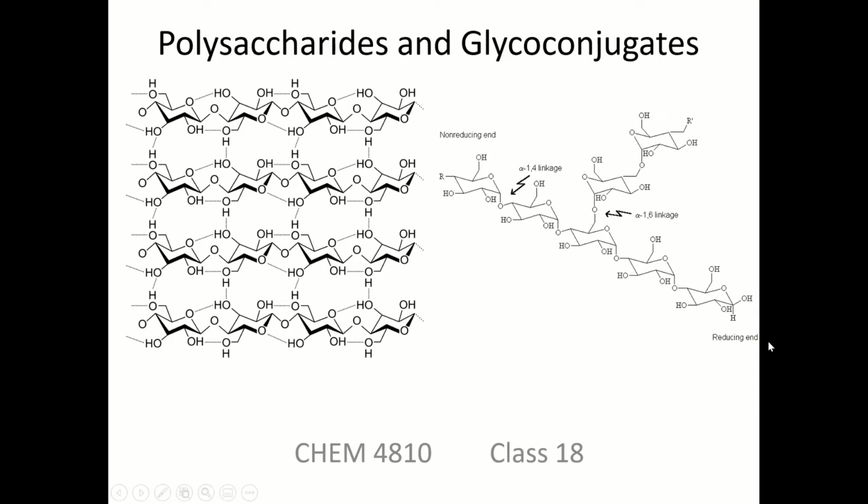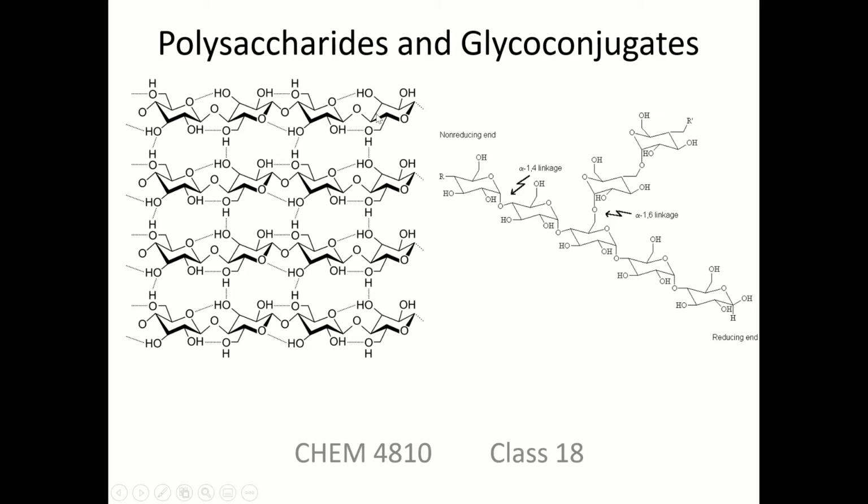On the title slide, there's shown a couple of the polysaccharides that we'll be talking about today. On the right, we have the structure that glycogen follows. Also, amylopectin in starch follows the same sort of pattern of bonding. On the left is the structure that cellulose follows.